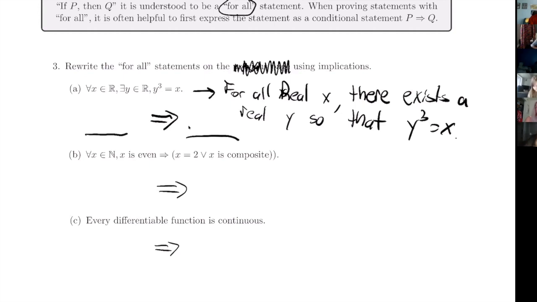Can you say P is if there is a real number x, and then Q is then there is a real number y so that y to the third is equal to x? That would work. Yep.